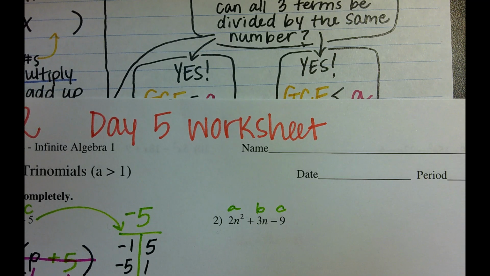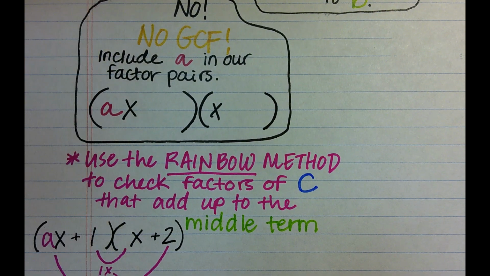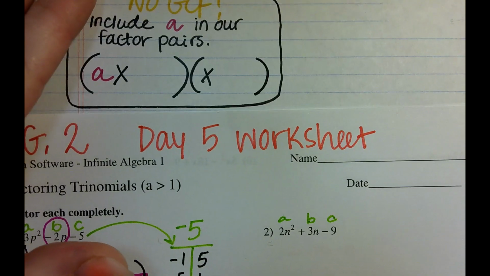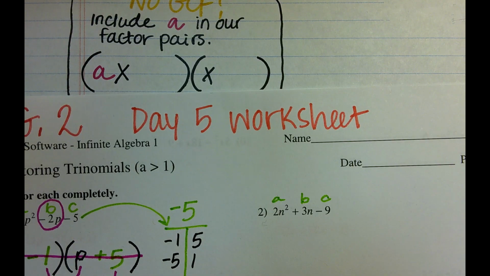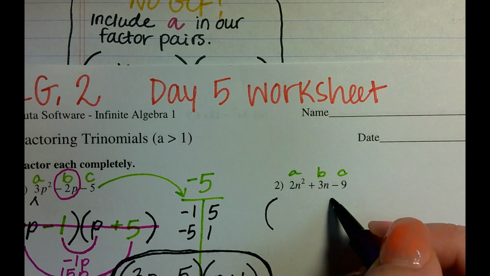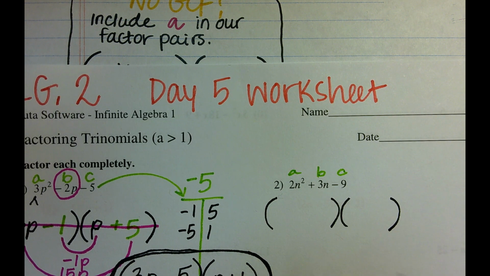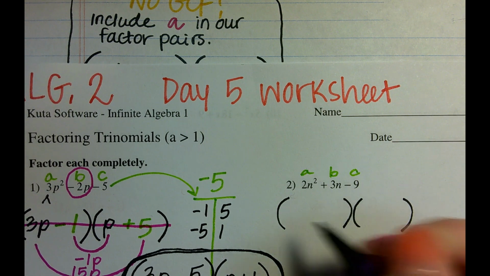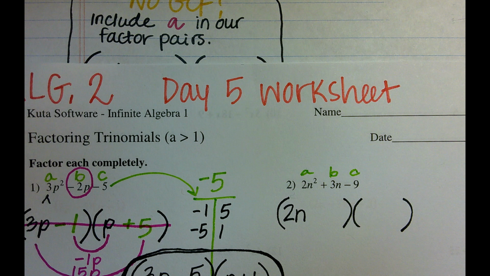So, because the answer is no, we're going right back to the same steps we just did. That means A will be part of our factor pairs. So what is that going to look like down here below? What will I write in my parentheses? 2n and n.